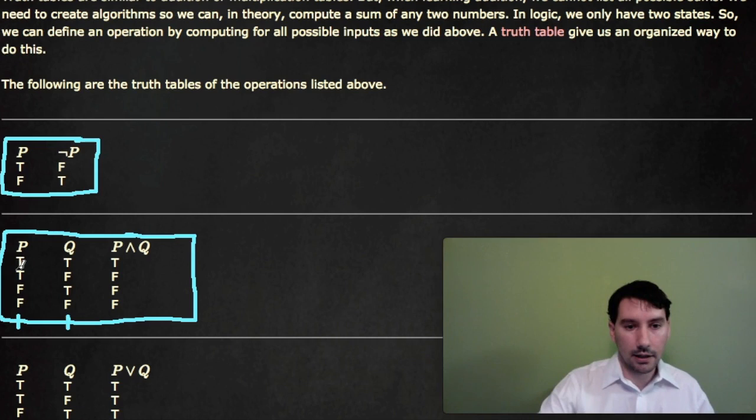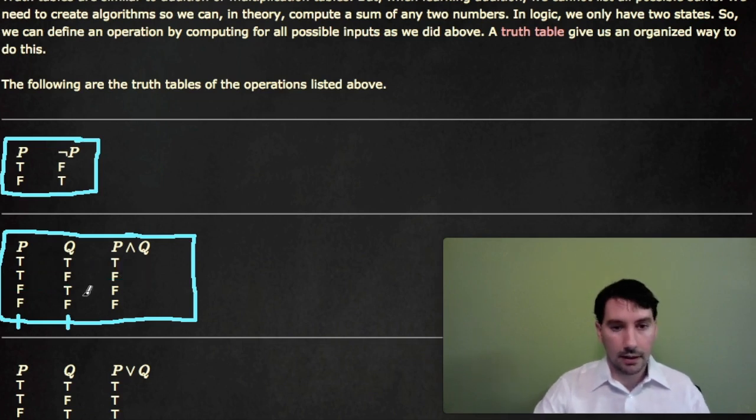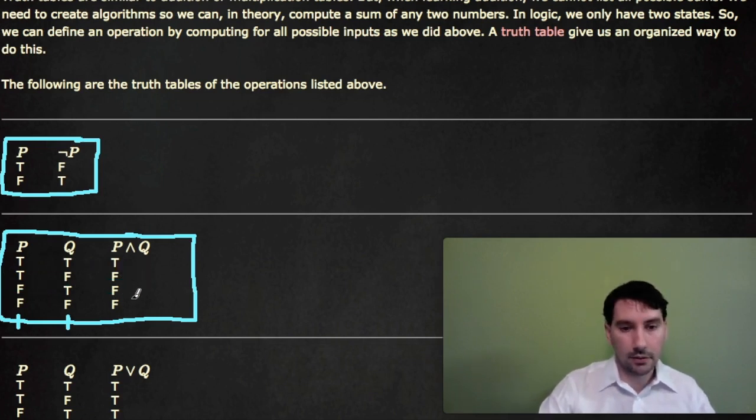So if we take, for example, the second row, we have true, false, false. So this means that if P is true and Q is false, then P and Q is false. And looking across each row, that's what they mean. So the only one that's true in the third column is this first row, because true and true gives you true. Then everything else is false, false, false.